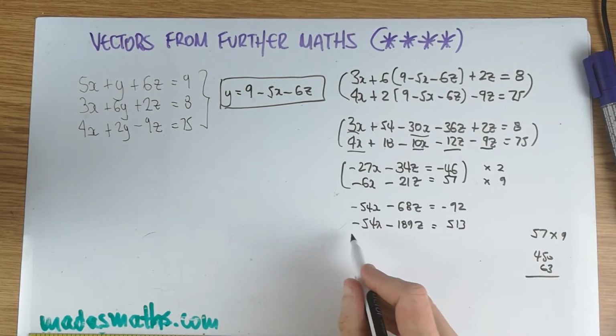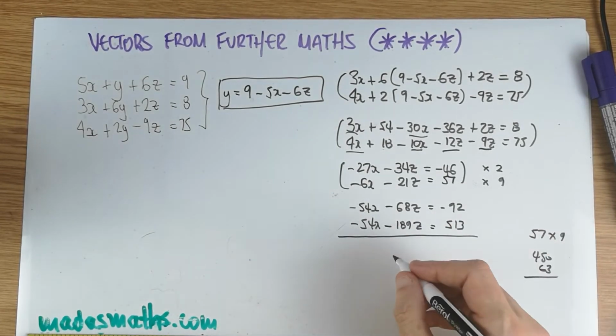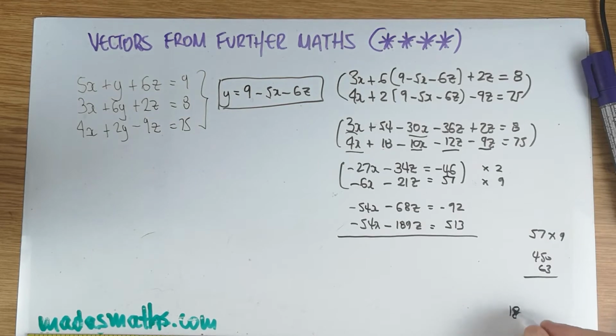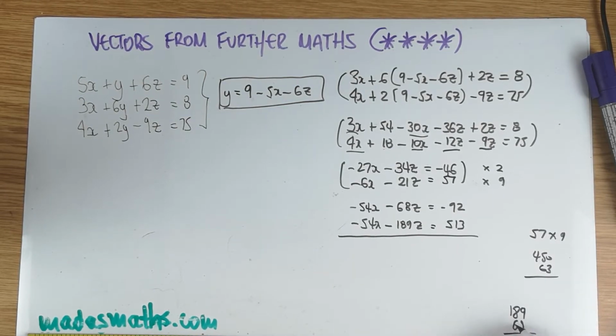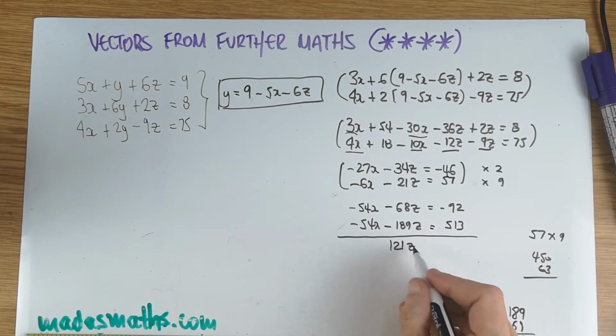Okay, and now we can subtract the equations. I'm going to subtract that minus that, which gives me 189 take away 68, so I've got 121 lots of z, positive.